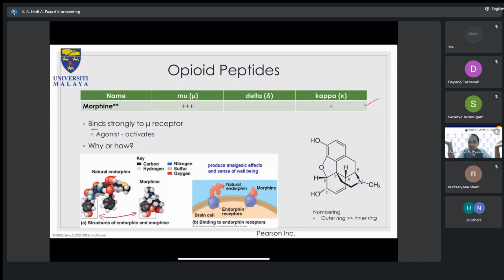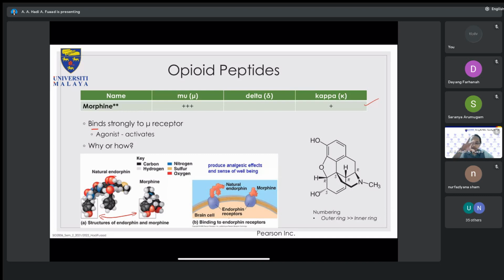But then another person found that our natural endorphins actually bound to the same receptor, so they call it endorphin receptors. One group calls it opioid because they are investigating opioids, another calls it endorphin because they are investigating endorphins. But nonetheless, they are both similar. It's just that sometimes naming makes it a little bit confusing.